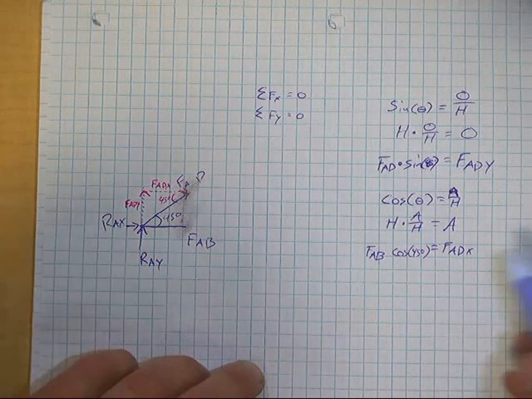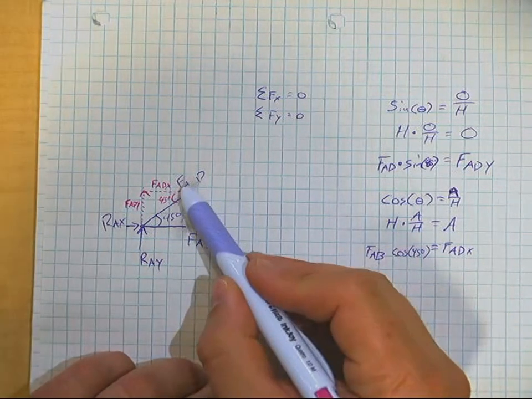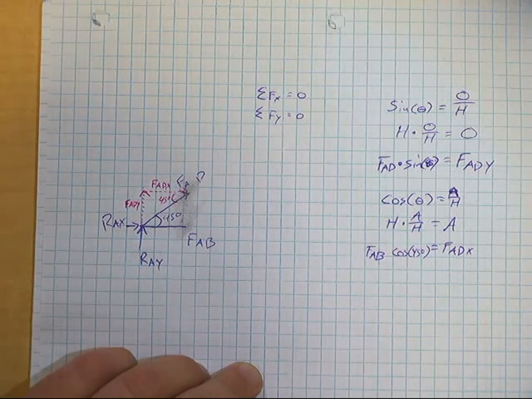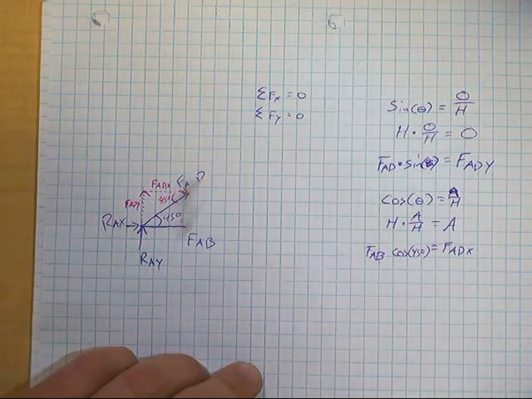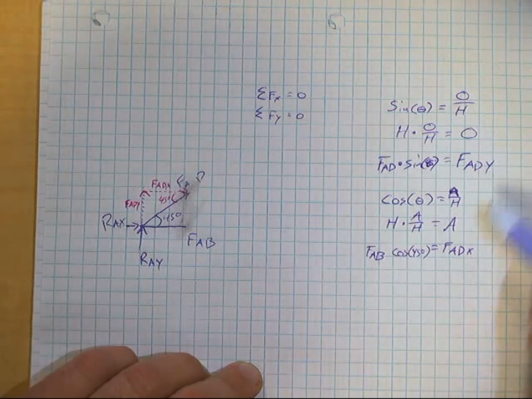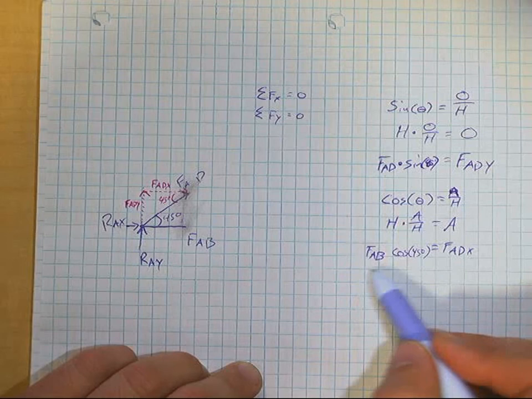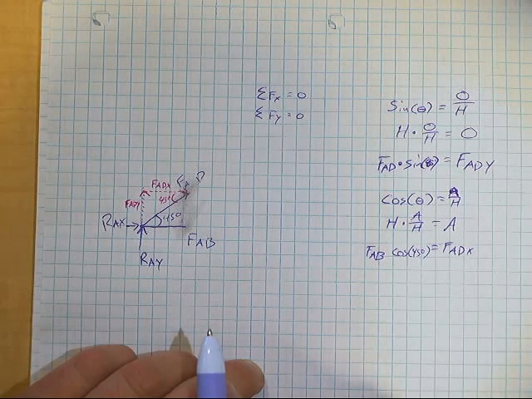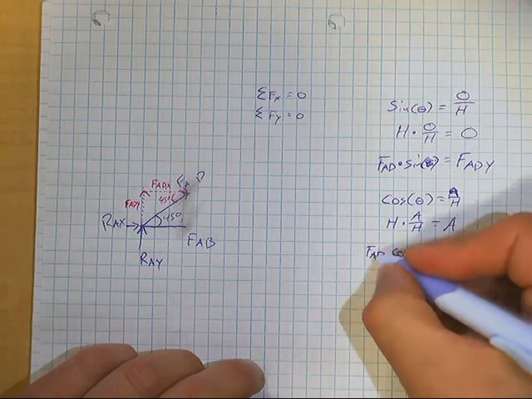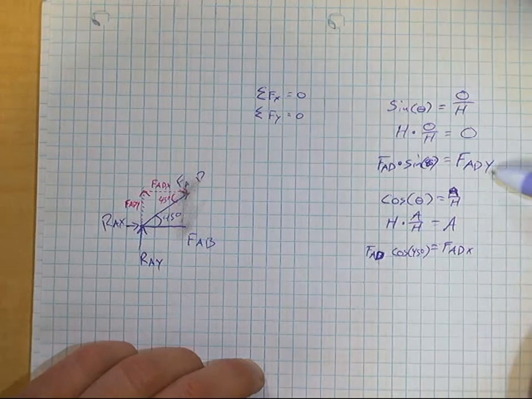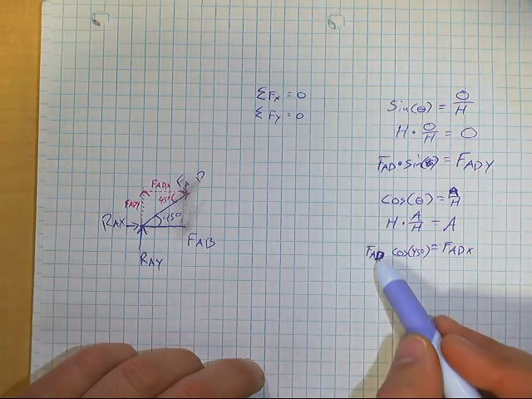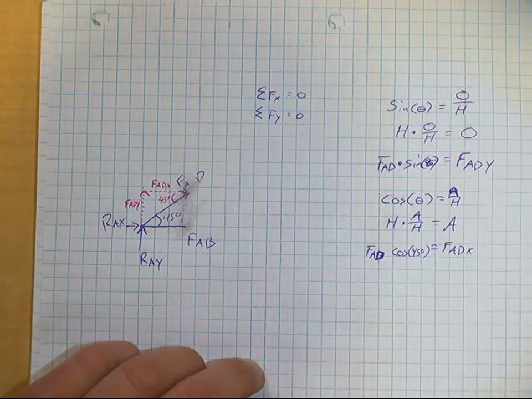These are the two unknowns, FAD and FAB, that we're trying to solve for. We're trying to solve for all the internal forces on the truss. So we've written our FADY and our FADX in terms of FAD. Oh, I'm sorry, I was wrong. I apologize. FAD is our hypotenuse, not FAB. So we've written FADY and FADX in terms of FAD. On this cosine, it's FAD, not FAB.